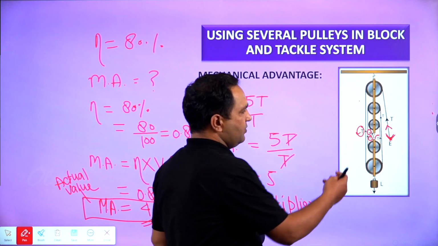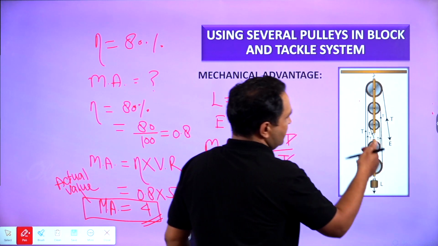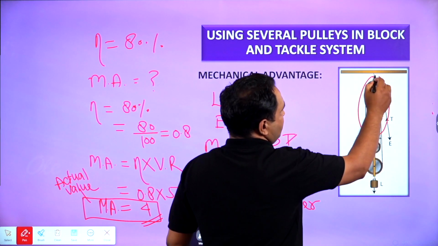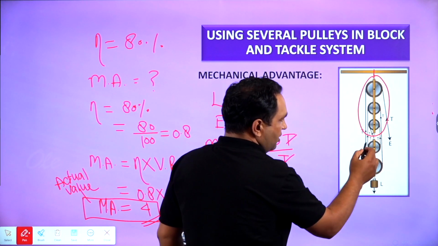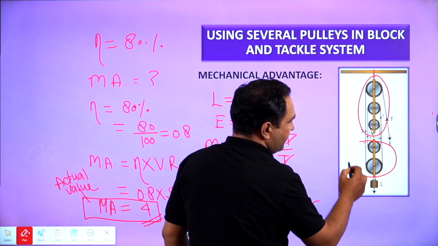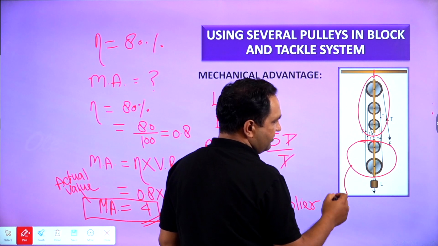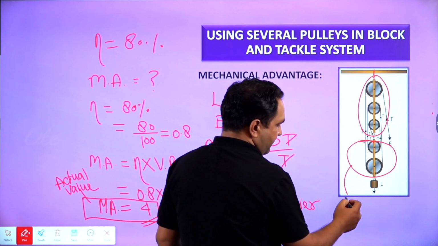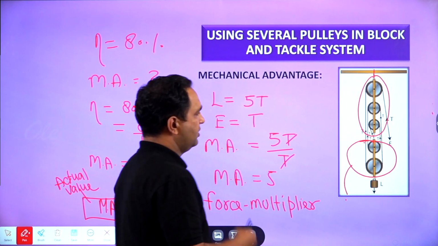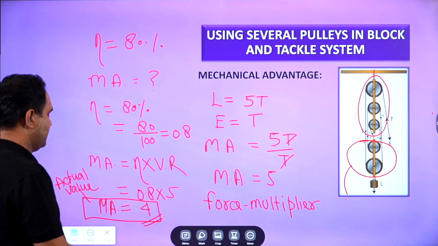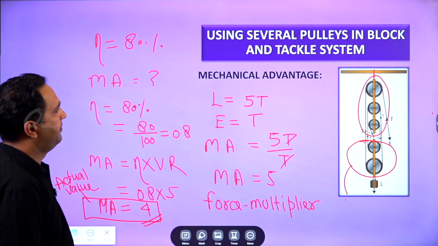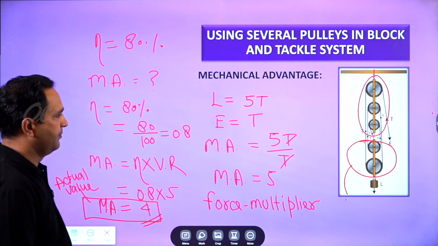The pulleys we are using at lower part, since upper parts pulleys are fixed, so we will try to minimize the load of the pulleys which are hanged at lower part, right? So this is what efficiency of a block and tackle systems pulleys.